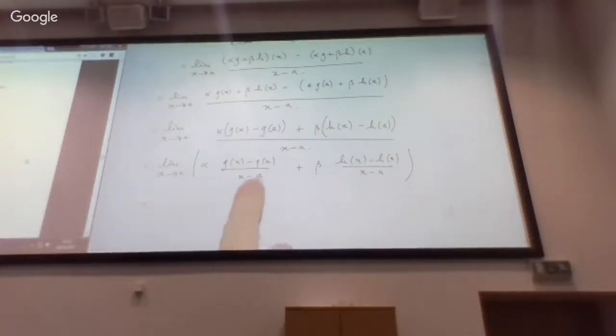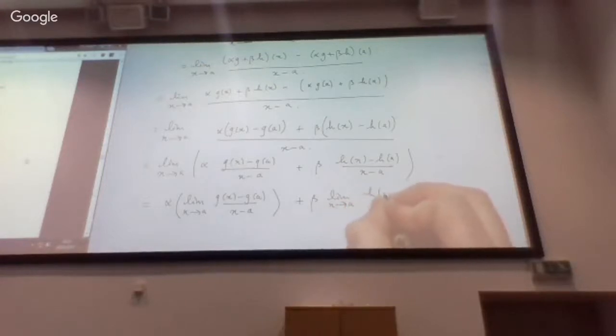Provided the limits of these things exist, I can split up this large limit as alpha times the limit of the first quantity, g of x minus g of a over x minus a, plus beta times the limit of the second quantity, h of x minus h of a over x minus a.